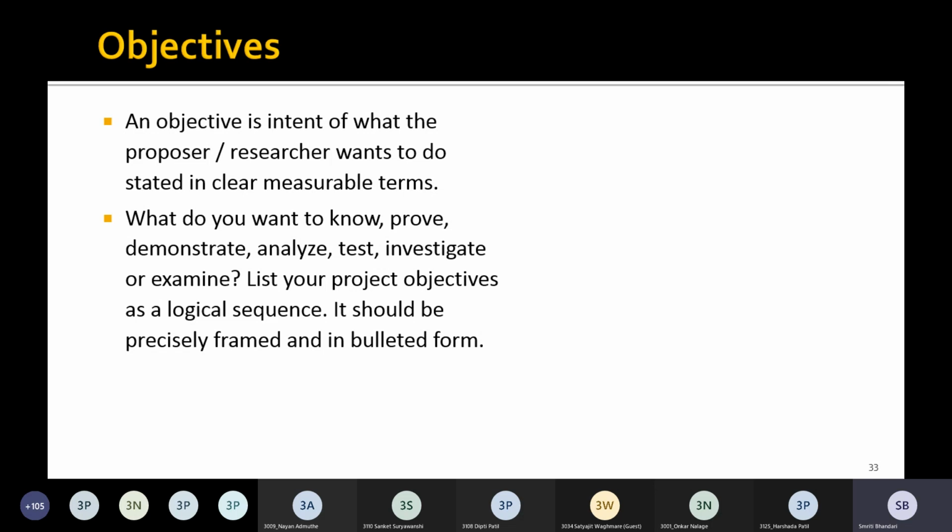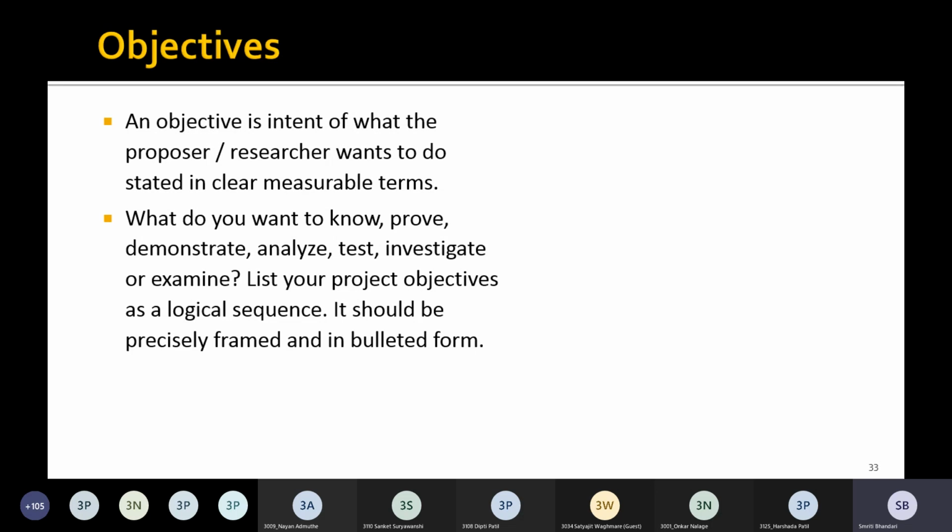The objectives need to be written in a logical sequence. They should be precisely framed and in bulleted form. It is not the case that you write an entire paragraph to narrate your objectives. No, that is not a good way. To write the objectives, use the bulleted form.